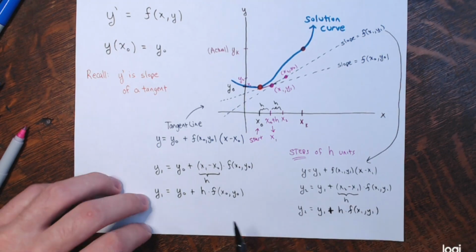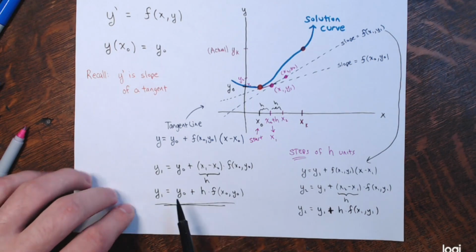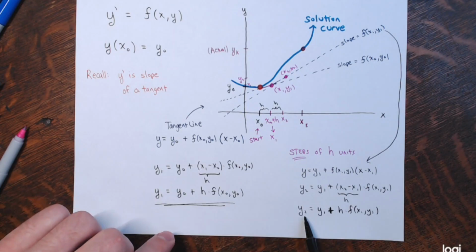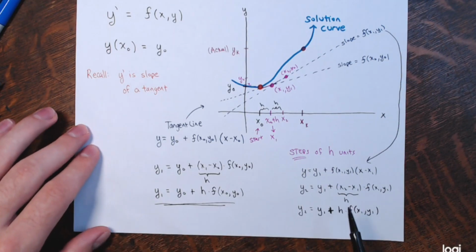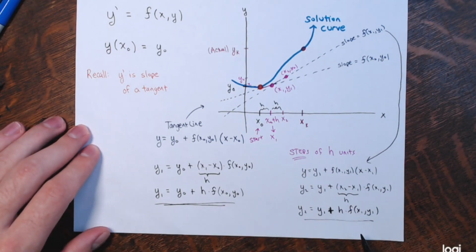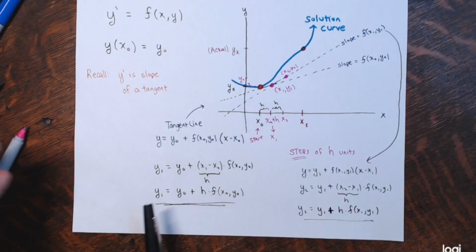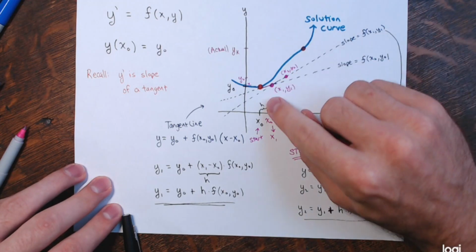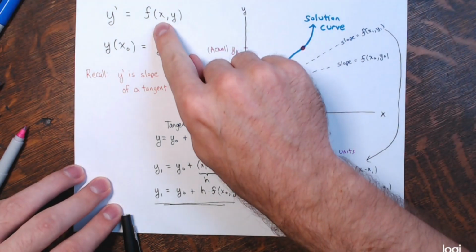Hopefully you see a pattern going on here. Look at how I got y1 involving x0, y0, and look at how I got y2. It's basically the same form. And then I would just keep doing this. Now that I'm at x2, y2, what's the slope determined by the differential equation?